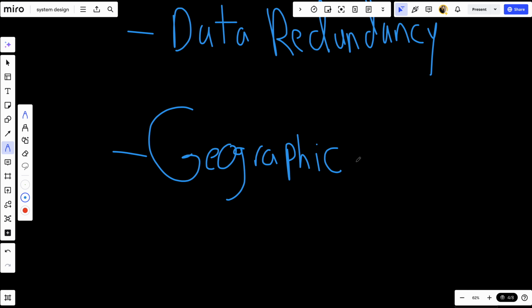An example for that, we can deploy a web application across multiple regions in a cloud platform like AWS or Google Cloud, so that if one region goes down, the application is still available from other regions.